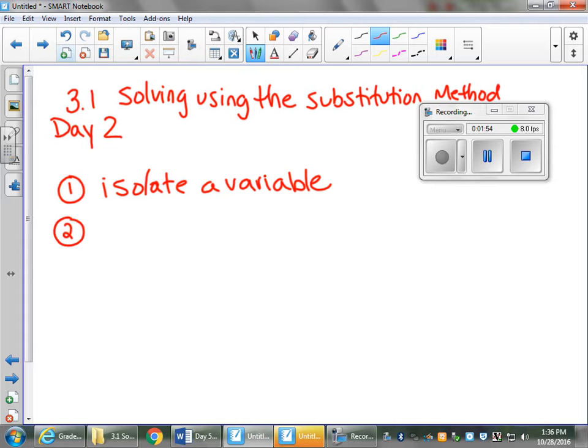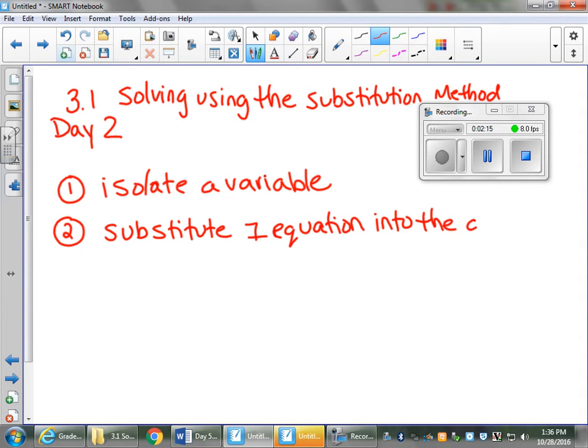Step 2, whatever variable you isolated, say y, you're going to substitute that equation in for the y in the other equation. So you're going to substitute one equation into the other and solve.